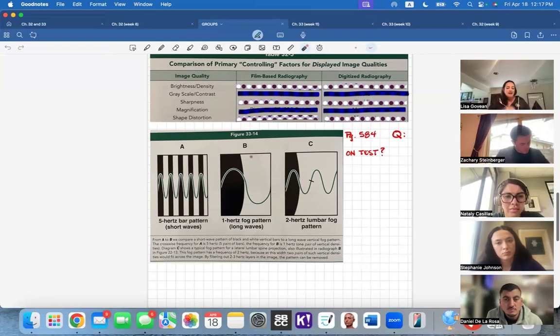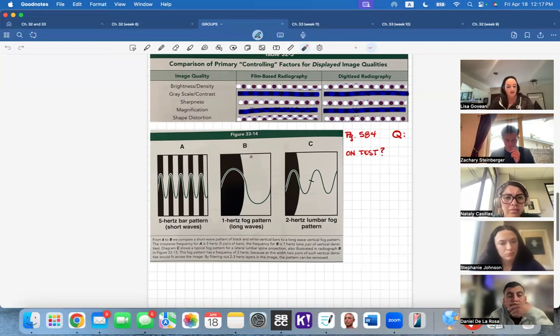I think it's asking about specific patterns that the computer can recognize and clean just those up. Does anyone else get that?